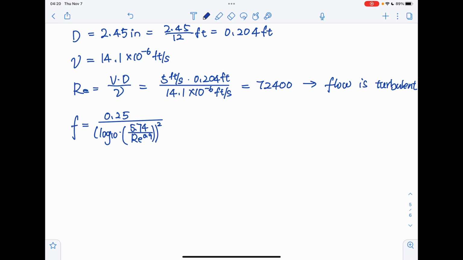Now we can plug numbers in: log 10 of 5.74 over the Reynolds number, 72,400, to the power of 0.9.